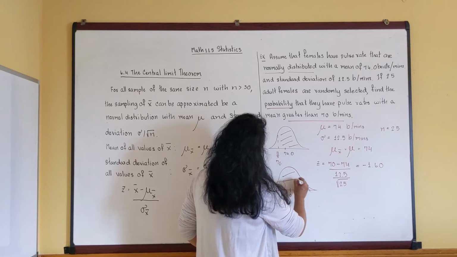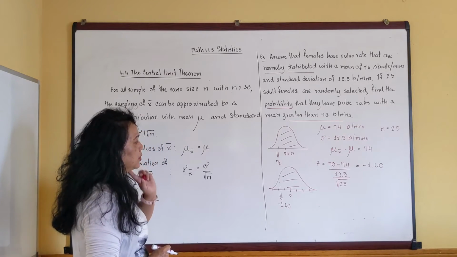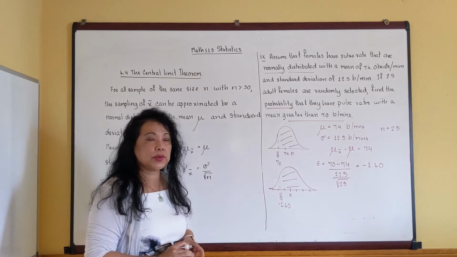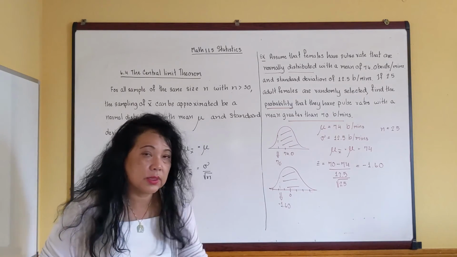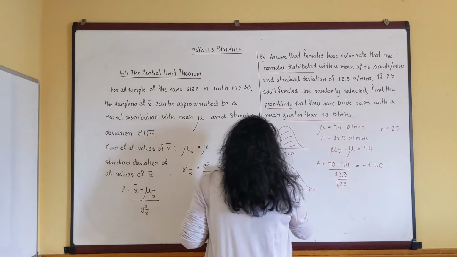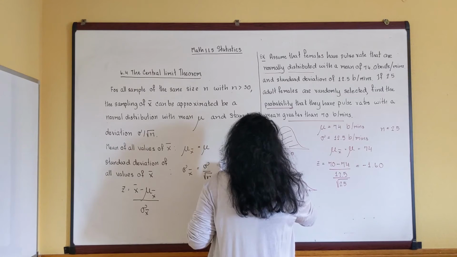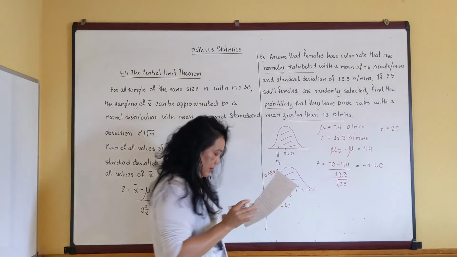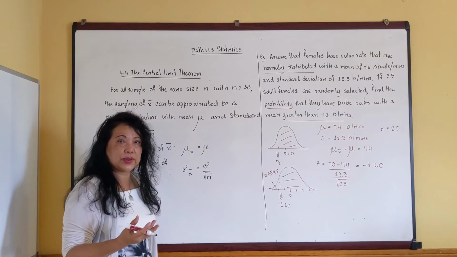And they want the area to the right. Now you have to use table A2. Again, table A2 gives the shaded area to the left of the z-score. So if you look in table A2, the area to the left is 0.0548. But we don't want the area to the left, we want the area to the right.